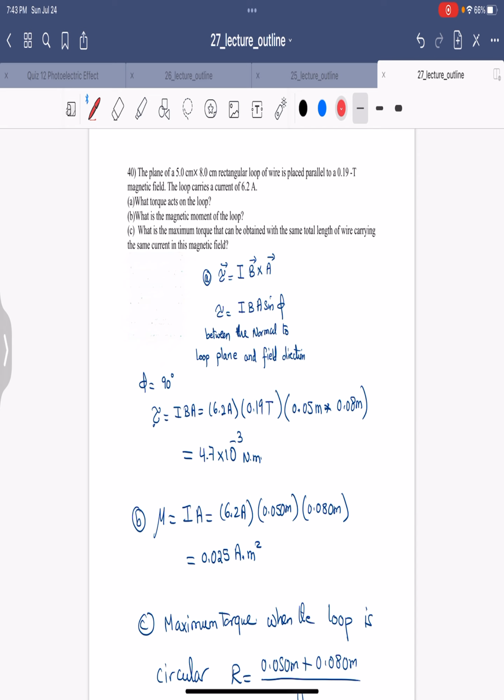The magnetic moment is mu equals I times A, which is 6.2 amperes times the area, giving 0.025 ampere square meters. Now the maximum torque, if we assume a different shape, is going to be for a circular loop, and we can find the radius as the average of 0.05 plus 0.08.